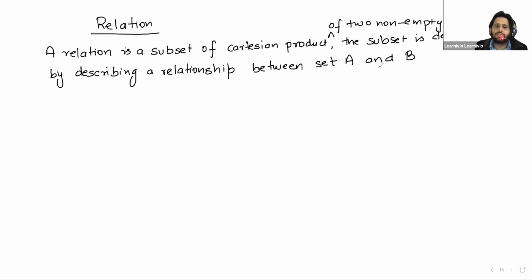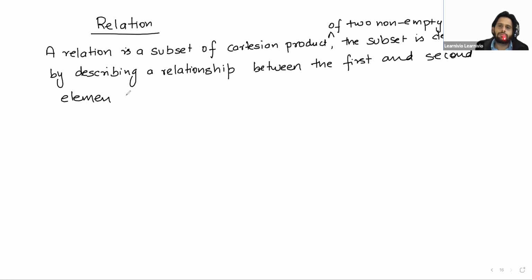The subset is derived by describing a relationship between the first element and second element of the ordered pair.